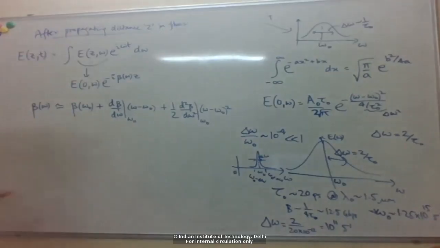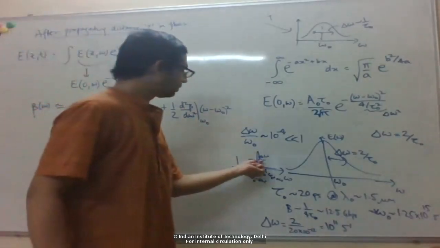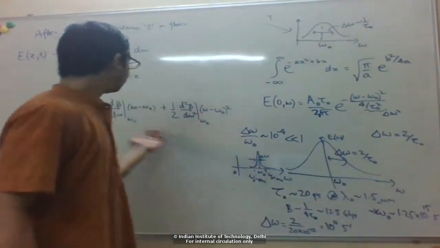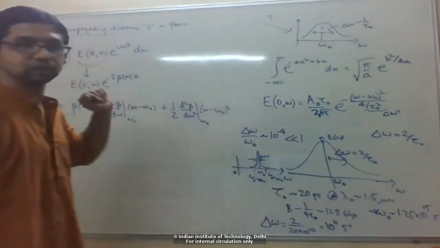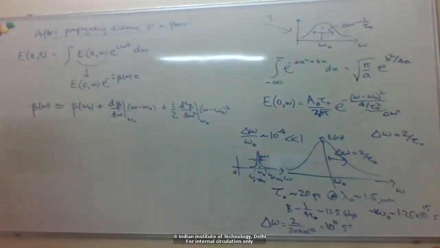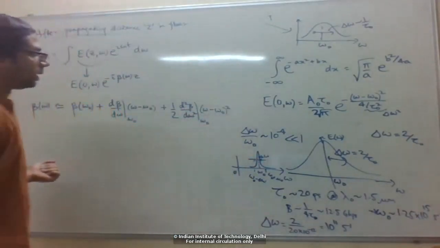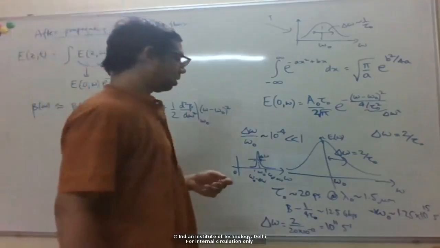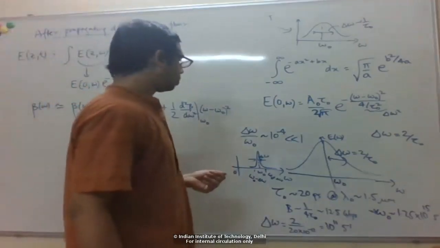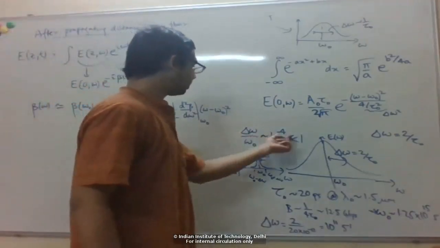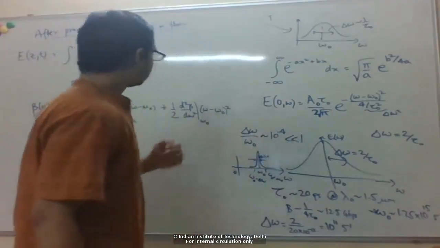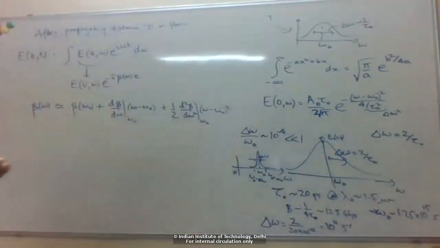But we'll make the argument that since this bandwidth is very, very small, up to second order is sufficient. Taking higher order terms doesn't increase the accuracy too much. But in case in the future you encounter a case where this fractional bandwidth is not small, then you'll have to take into account higher order terms.